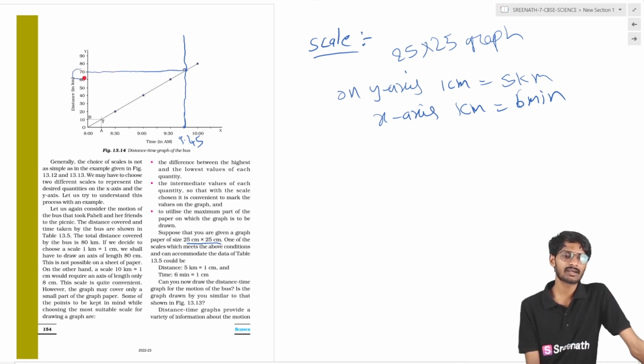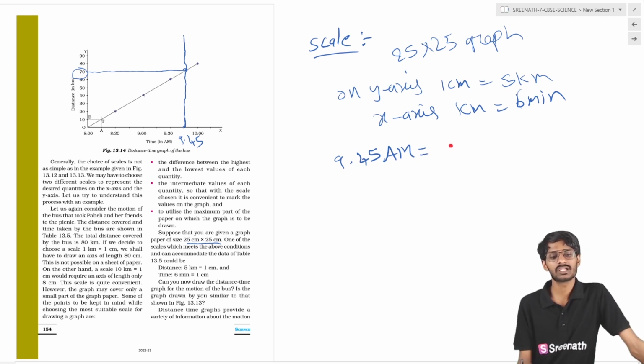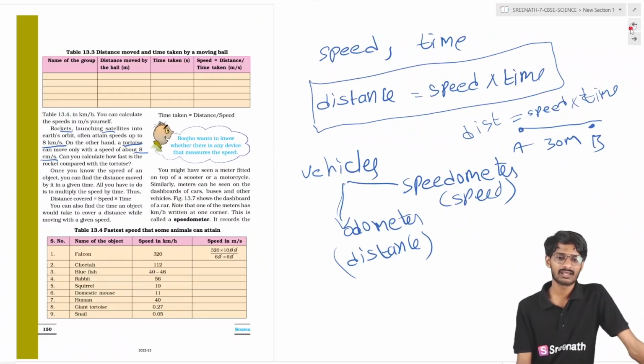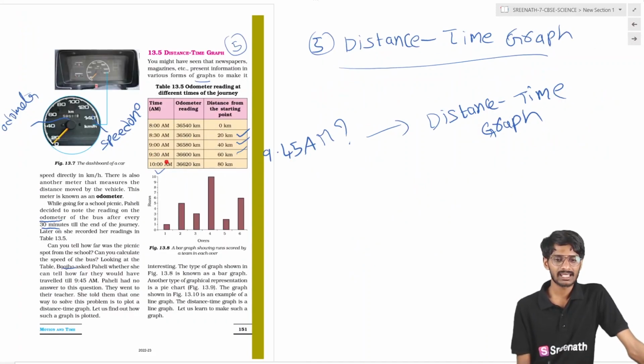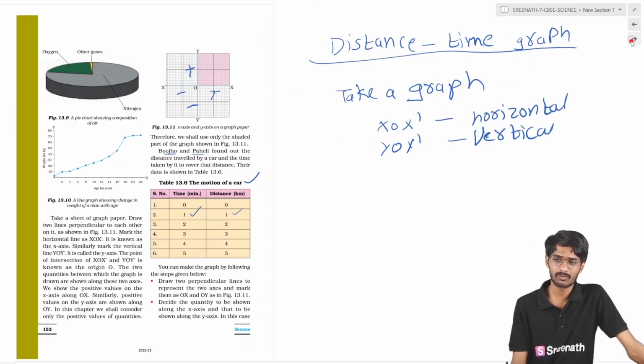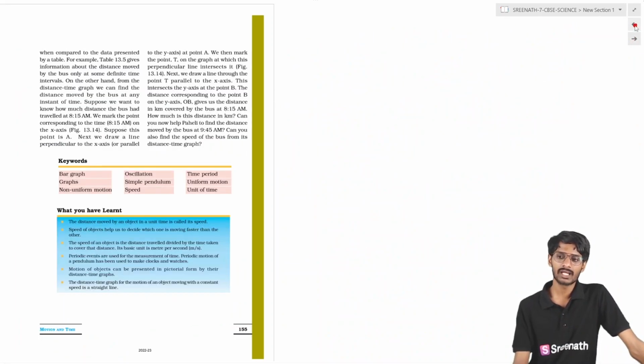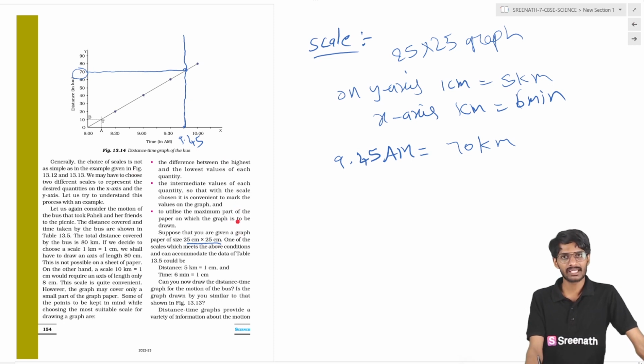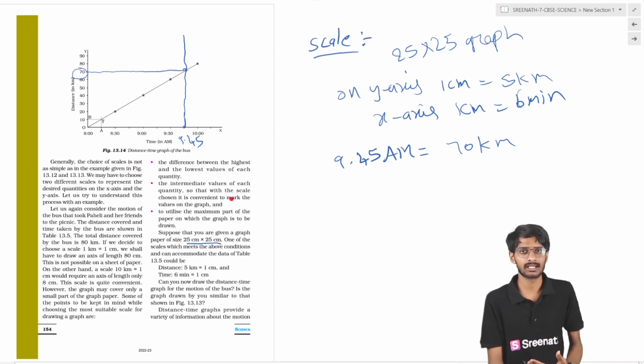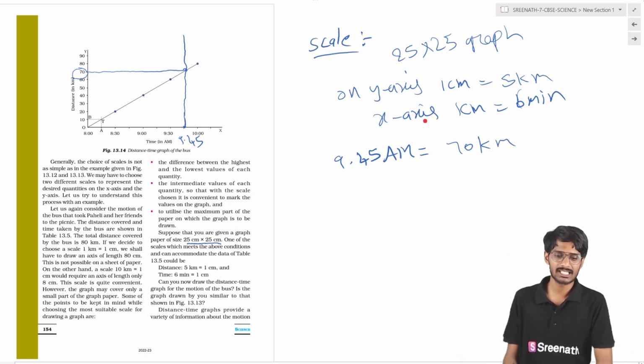Suppose it has cut at 70 kilometers. So the distance at 9:45 a.m. is 70 kilometers, students. So by using a distance time graph, we have simply found the answer. At 10 a.m. the distance is 80 kilometers. That's it students. In this way you can easily find the distance traveled by using a distance time graph.